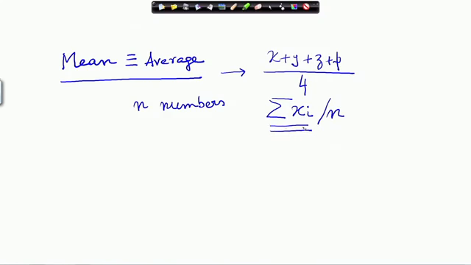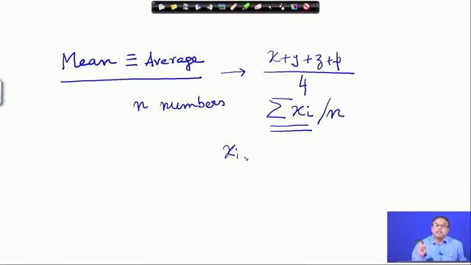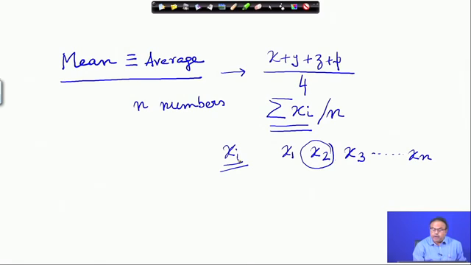What is xi? Xi is each number. So, x1 is one number, x2 is another number, x3 is another number, up to xn. Any of these numbers I can represent with xi, and by replacing different values of i I can get any of these numbers.